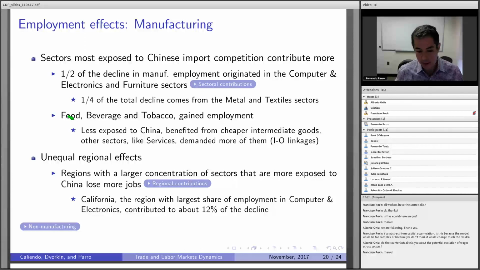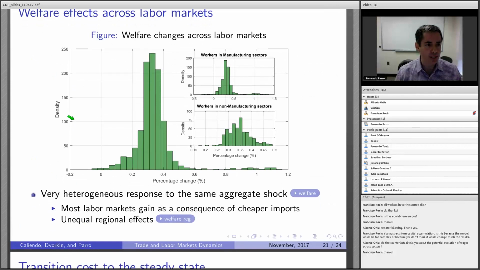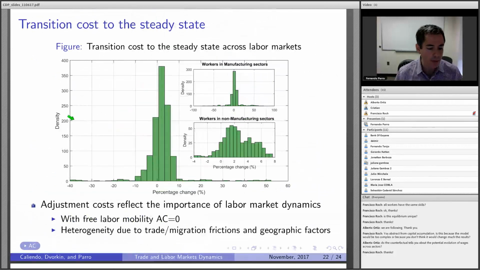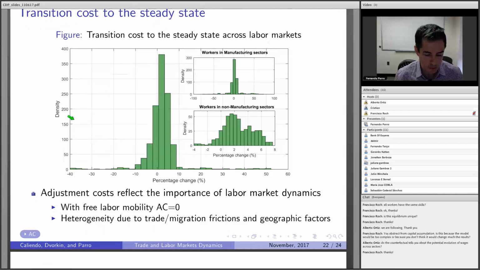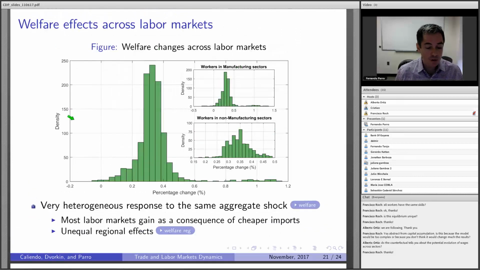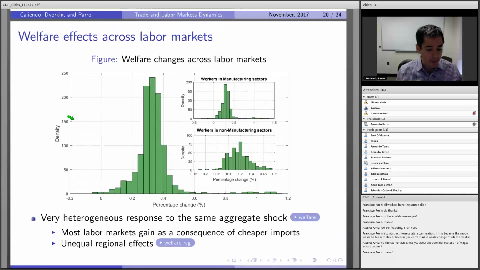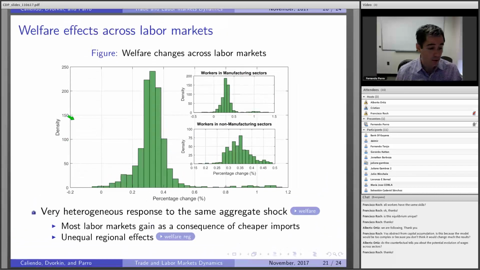The second state is Texas with 8%, and all other regions are below 2% or so. Okay, in the paper, again, unfortunately I cannot use the hyperlinks here, but we also compute what happens in the non-manufacturing sectors.